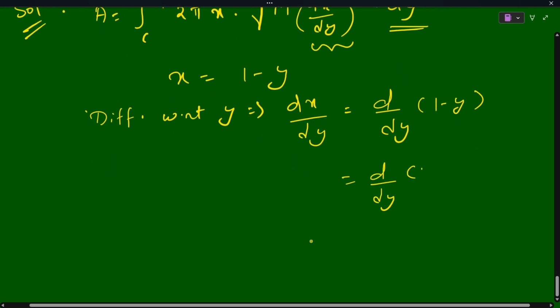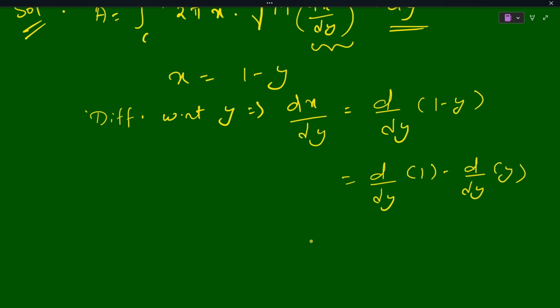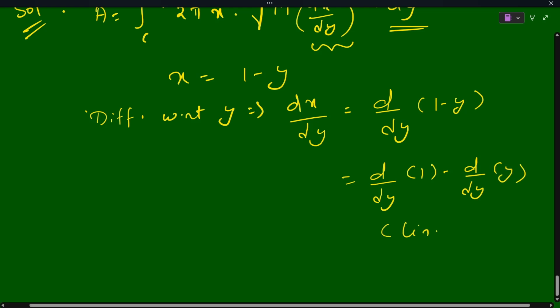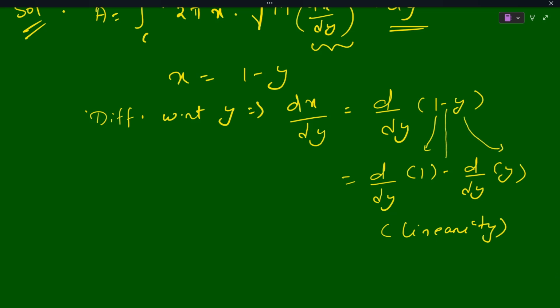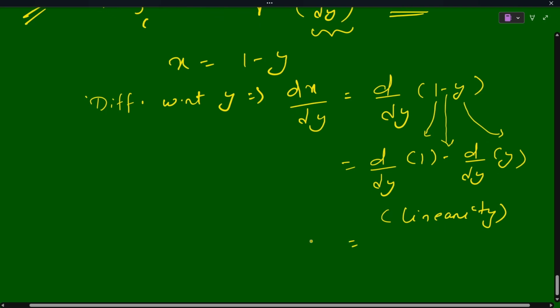So now say x is equal to 1 minus y. Let's differentiate both sides with respect to y so as to find dx by dy. So dx by dy equals d by dy of 1 minus y, and we will apply the linearity principle in the derivative.